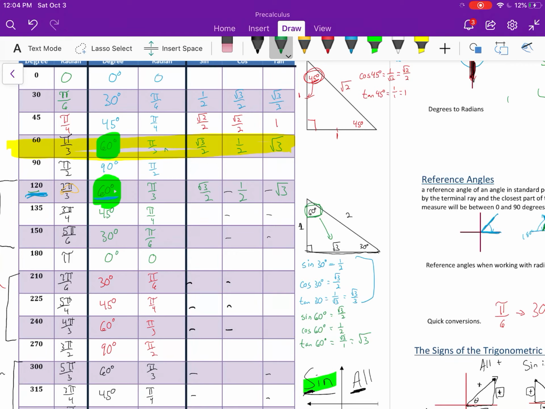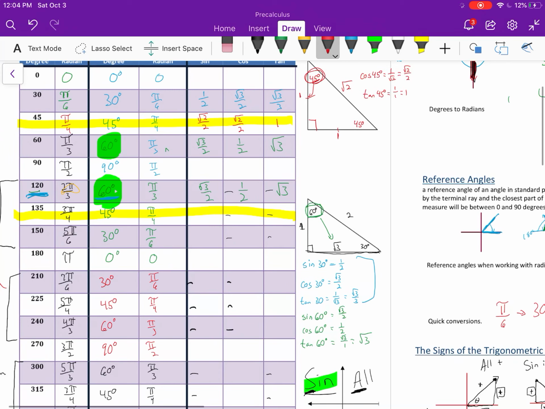Going to the next one, we have a 45-degree reference angle. So it's going to relate back to this row right here, except our signs will be a little bit different. So √2/2, -√2/2, and -1.